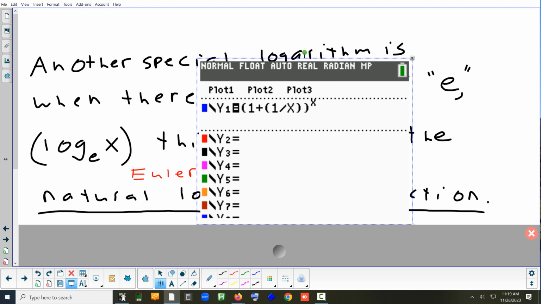What happens to 1 divided by x as x gets really big? It gets very small and gets close to 0. So this whole thing would get very close to 1 if this part's getting close to 0. What would this part inside get close to? 1. So as x gets really, really big, what's in the parentheses gets extremely close to 1.